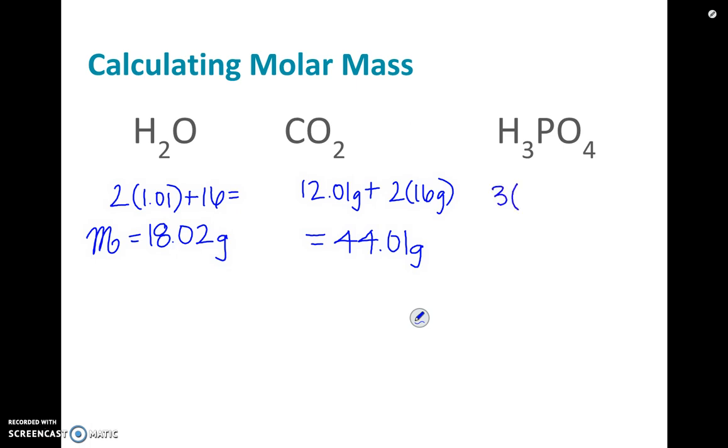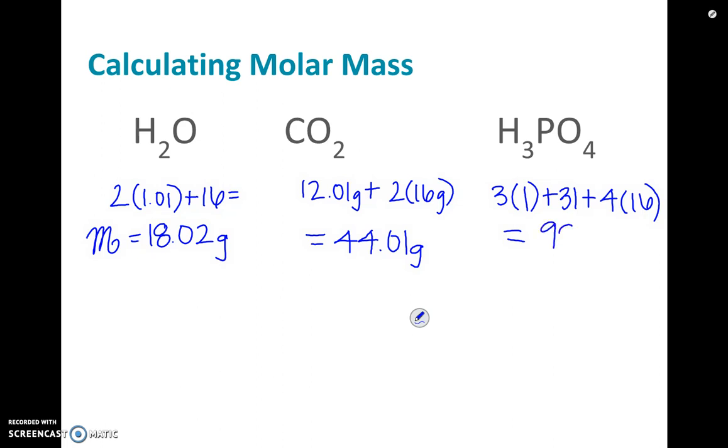Last one is phosphoric acid. So that's 3 hydrogens plus a phosphorus, which is about 31, plus 4 oxygens, which is about 16. And if you're worried about the rounding, you can kind of show it to yourself with the rounding and without the rounding and kind of see what the difference is.